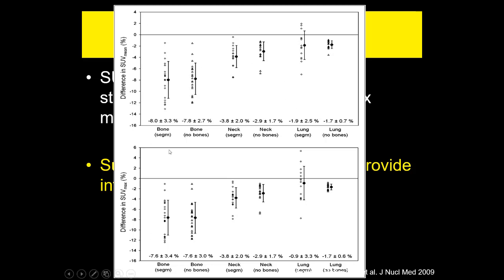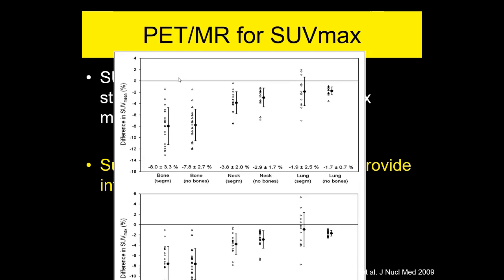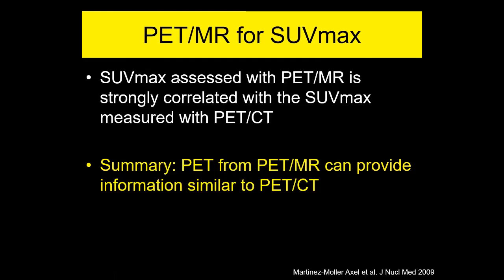In bone, you see a significant underestimation of SUV values with PET-MR. And we'll talk about this in a little bit more detail. But what these studies have shown is that SUV max measured on PET-MR is strongly correlated with the SUV max measured on PET-CT. It's not identical, but strongly correlated. And PET from PET-MR can provide information which is similar to PET-CT.